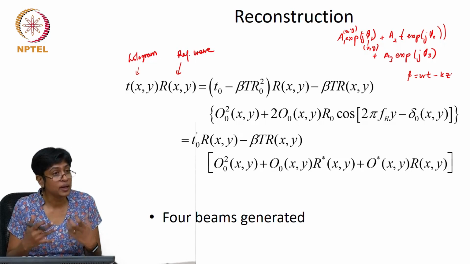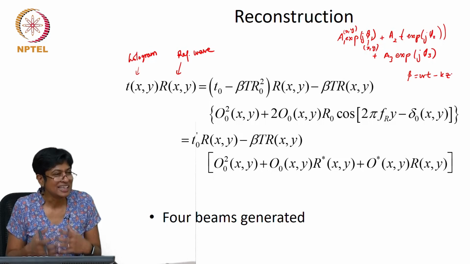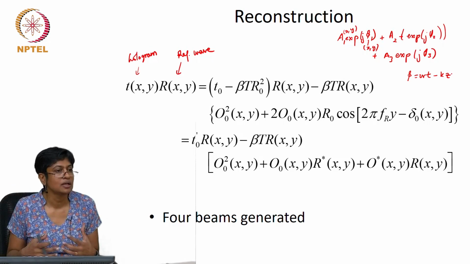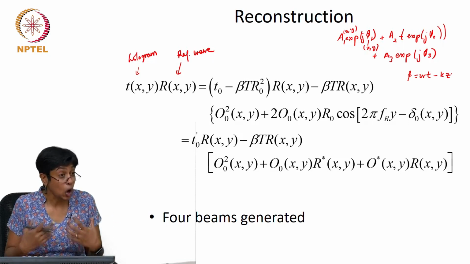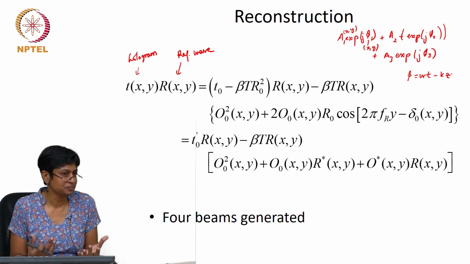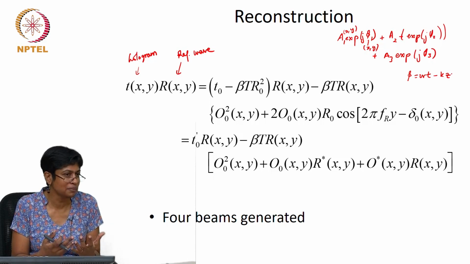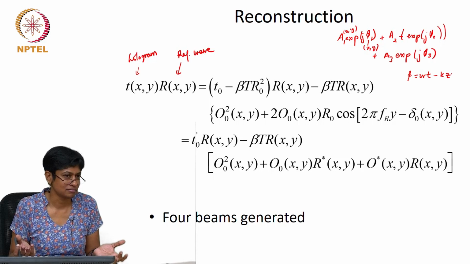So, what happened when I multiplied the hologram with the reference beam? Since its transmittance was a sum of several terms, the multiplication also resulted in the sum of several terms. Optically, what does that mean? It means multiplying or having the reference beam incident on the hologram generates a number of beams, right.